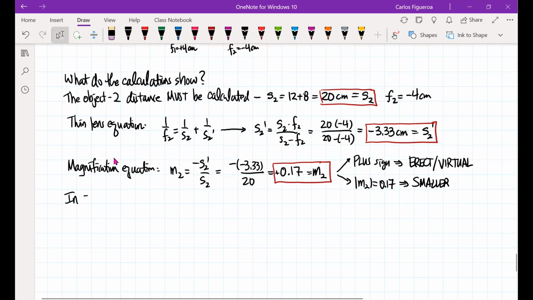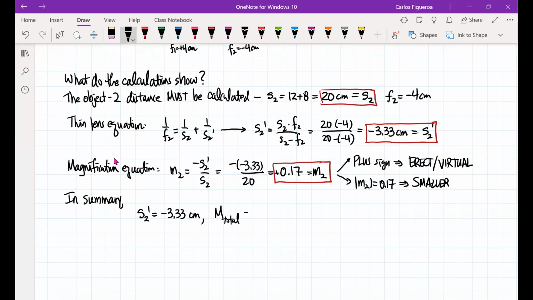So in summary, I see that my final image, S2 prime, is minus 3.33 centimeters. Its total magnification that we calculated is M1 times M2, and this will be 4 times 0.17, which gives me 0.67.